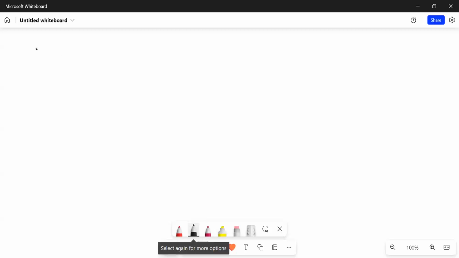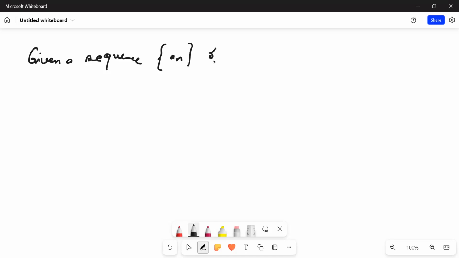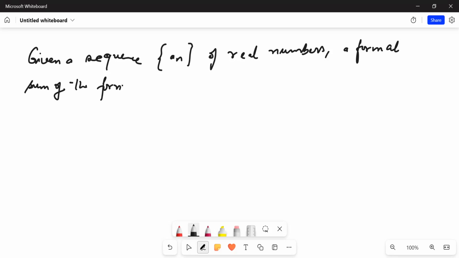Given a sequence an of real numbers, a formal sum of the form summation n equals 1 to infinity an is called an infinite series.